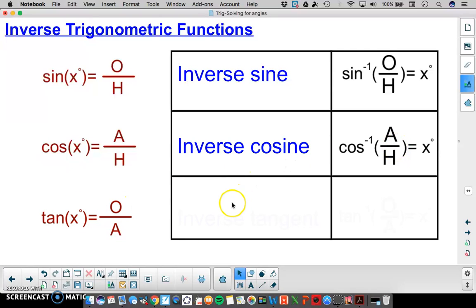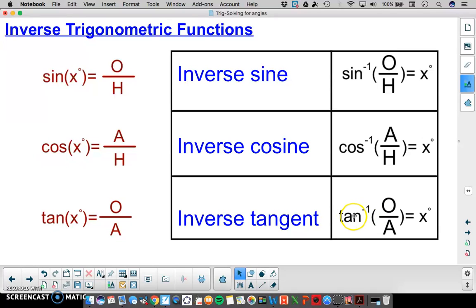For tangent, we have inverse tangent, and the equation is inverse tangent of the opposite over adjacent equals x degrees. Notice each one of these still follows SOHCAHTOA, but now the O and H, A and H, and O and A are inside each one of those equations. So let's talk about why.